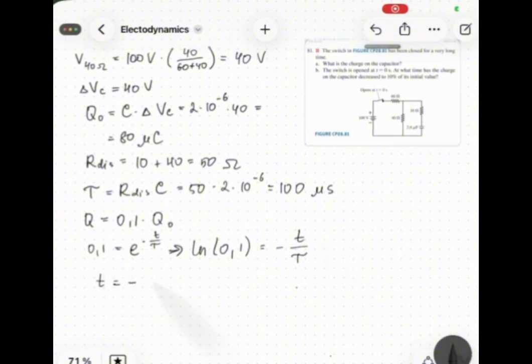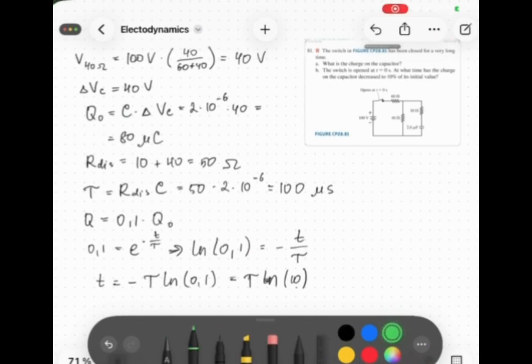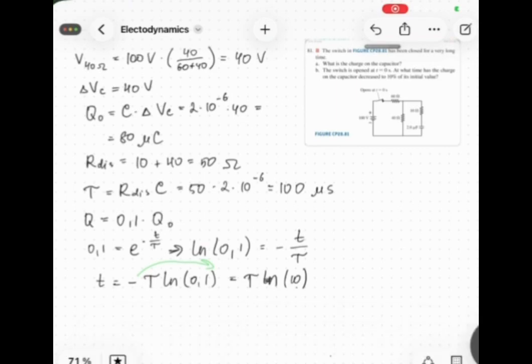Time equals, as I wrote before, negative tau multiplied by ln 0.1. I move the negative sign into the exponent of 0.1, and with the exponent of minus 1 it becomes 10.